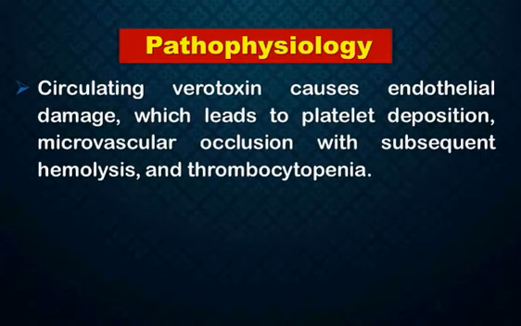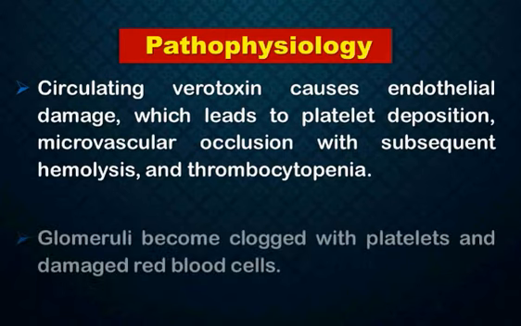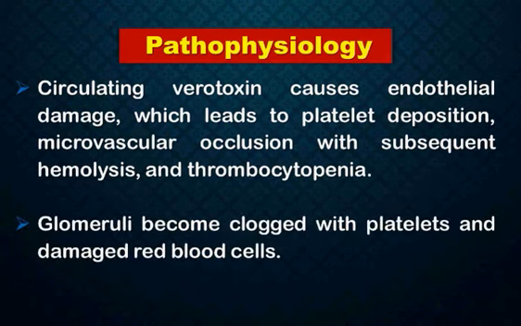So this will block the filtration function of the glomeruli because of the microvascular occlusion, because of platelet deposition, and subsequent hemolysis and further thrombocytopenia. This is a type of thrombocytopenia called thrombotic, because there is a thrombosis caused by the deposition of platelets. Glomeruli, as I said, become clogged with platelets and damaged RBCs, with endothelial damage.